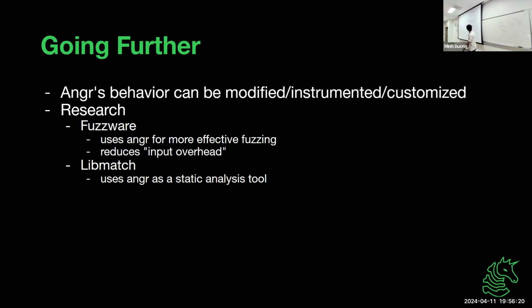Angr's behavior, you can modify it and instrument it. You can set breakpoints on every memory read or every register write. You can control how Angr steps through states. There's some default behavior, and you can change that if you want. Let's say you want to do a depth first search instead of a breadth first search.